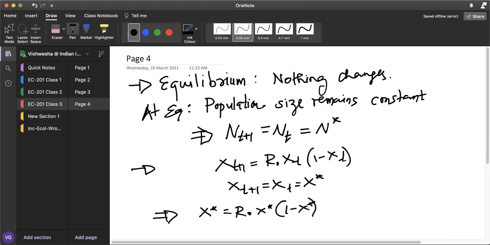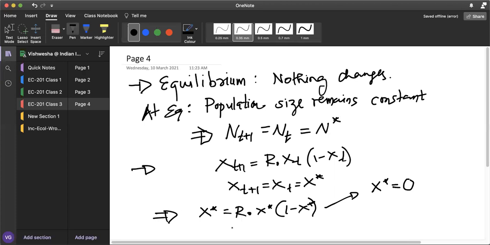This already gives rise to some possible solutions, right? On both sides you see x star. So one immediate solution that follows is that x star could be 0. If the initial population size was 0, if I multiply anything with 0, I'll get 0, right? So that would be one possible equilibrium value.